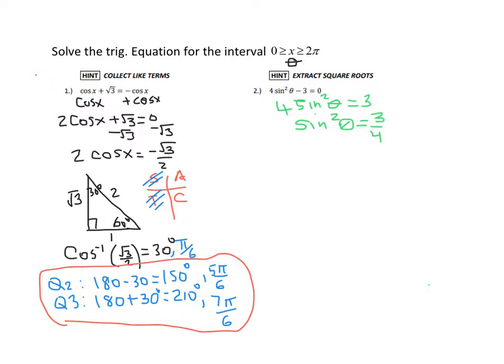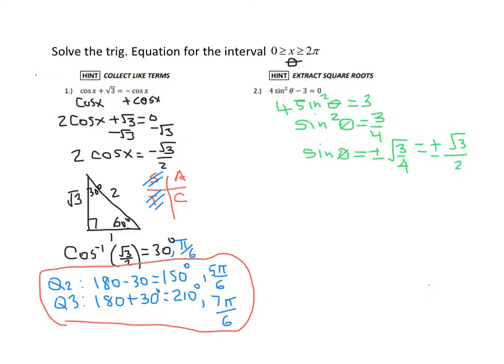Then I'm going to find the square root of both sides. So sine theta is equal to plus or minus square root of 3 over 4. And remember, this is the same as plus or minus square root of 3 over square root of 4, and the square root of 4 is 2.